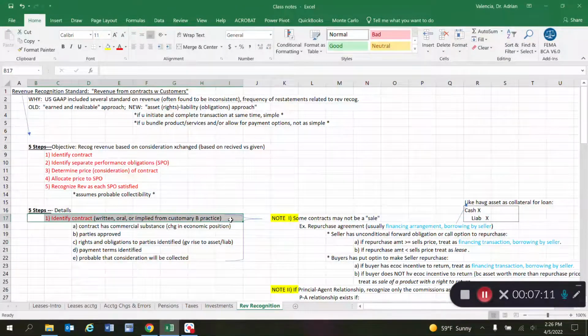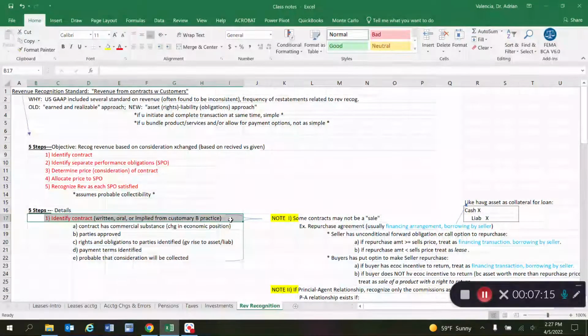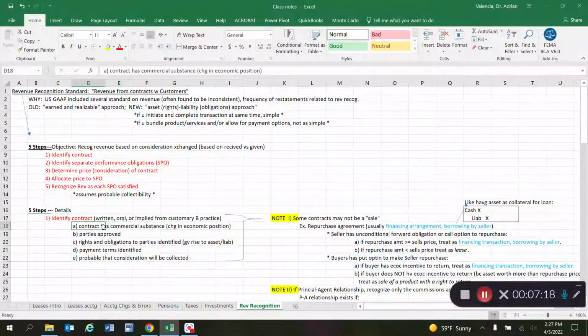So what are the components of having a contract? The first thing is that the contract needs to have commercial substance. In other words, the economic position of each company will change based on this contract. The other component is that the parties involved in the contract have approved it.